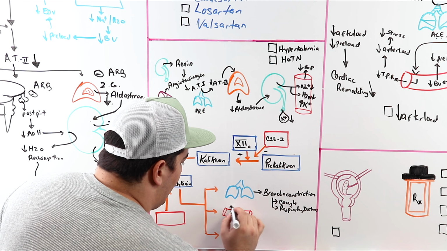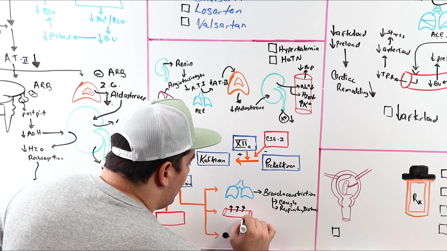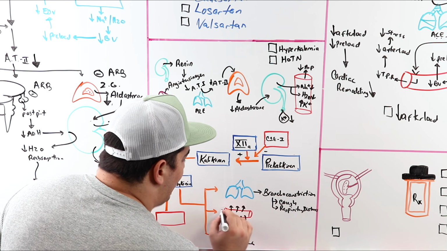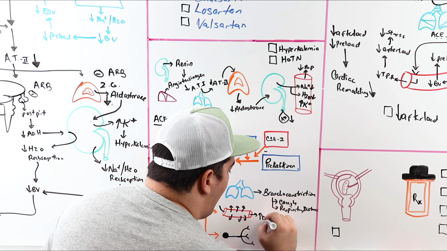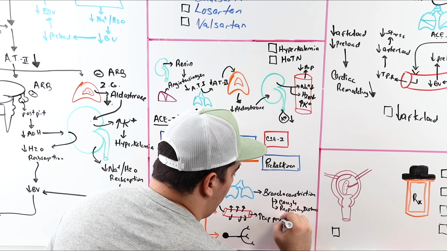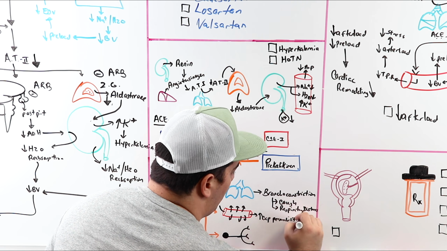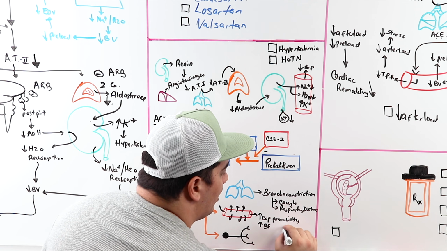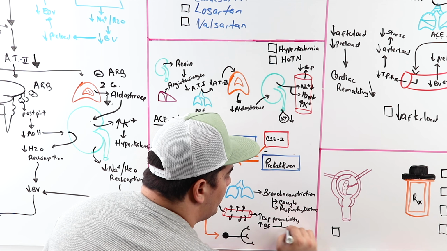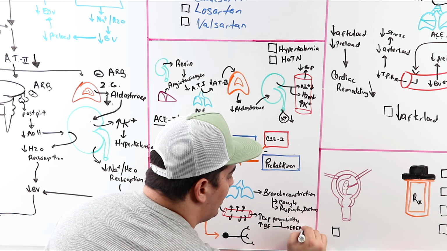The other thing is it can increase capillary permeability as well as vasodilation. So you're going to get an increase in capillary permeability, and you're going to get an increase in blood flow to that area. The collective effect here is going to be edema and swelling, right?